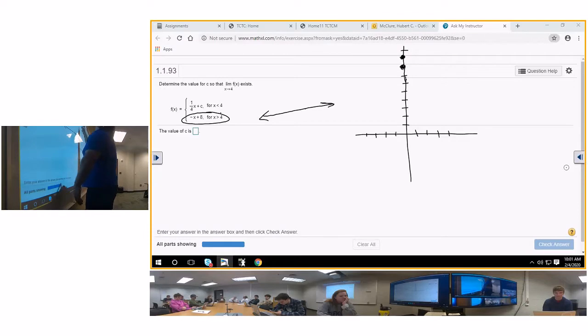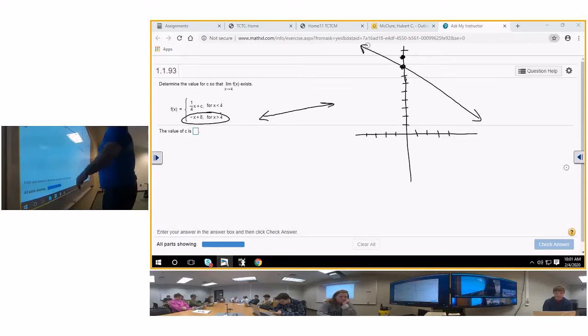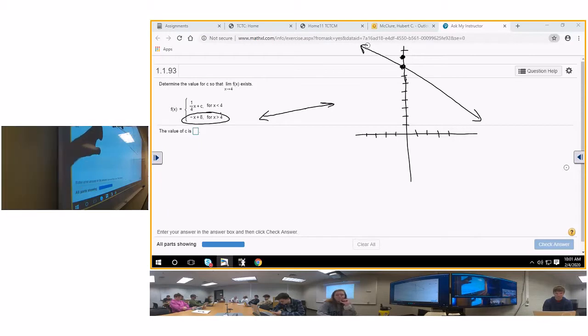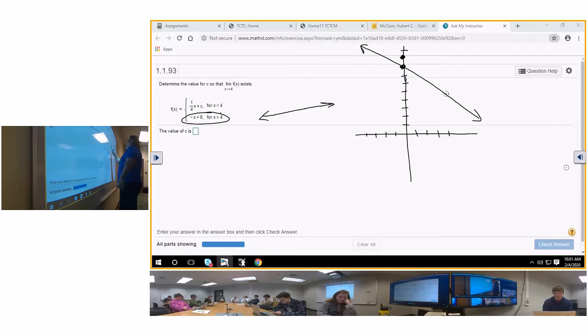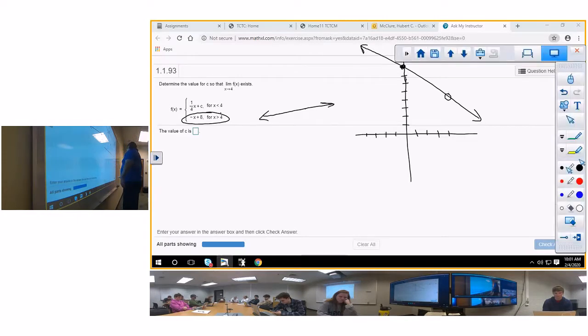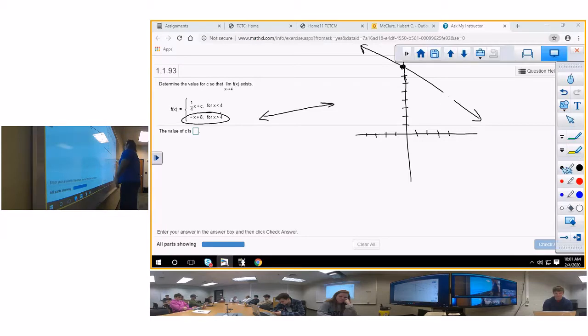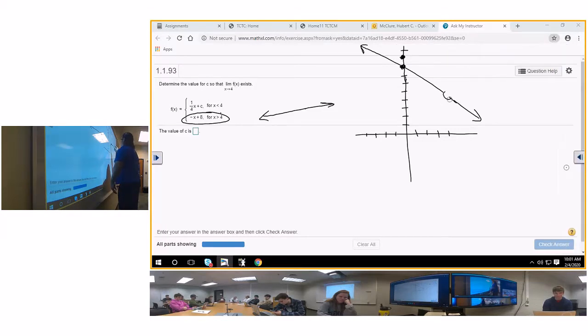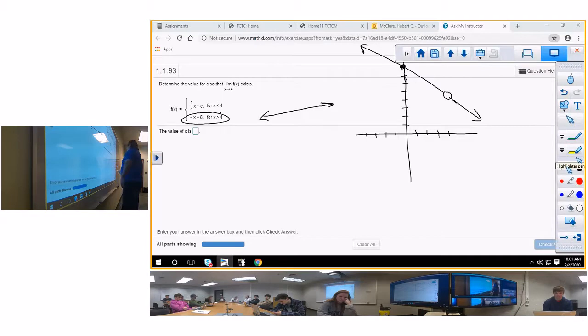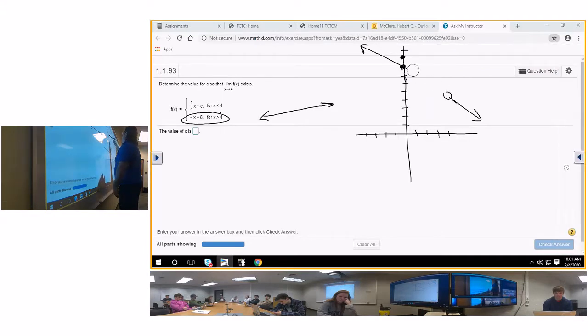And on 1-to-1, it's going that way. And we can use all numbers greater than 4. 4 is right here, so we got an open circle right there. And we have to erase this over here.